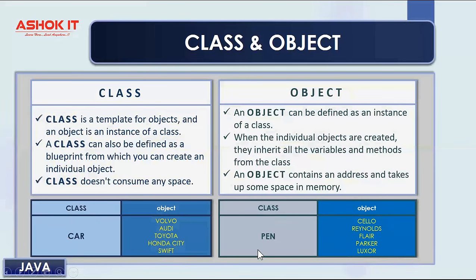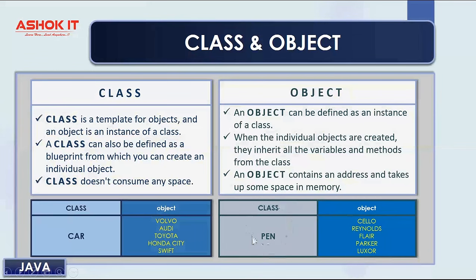But when we see the class of it, the class is defining it as a Pen. So by seeing the definition of class, we are able to say that these objects are pens. So class defines the attributes, or we can say the features of an object, and class defines the behavior of an object. So the features and behavior of an object are defined by the class.